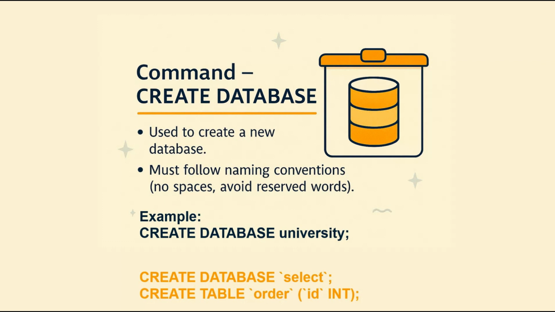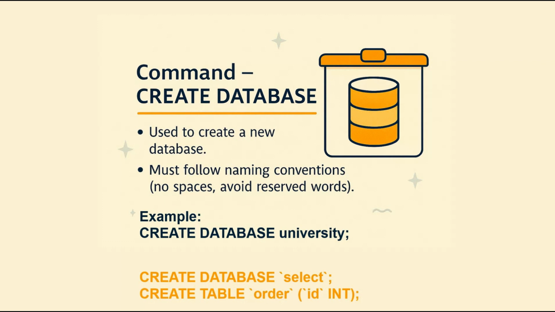If you want to name your database with 2 words, you need to attach them with an underscore. Don't start with numbers. Avoid using reserved SQL keywords like select, order, group, etc. Why? Because they have special meaning in SQL.